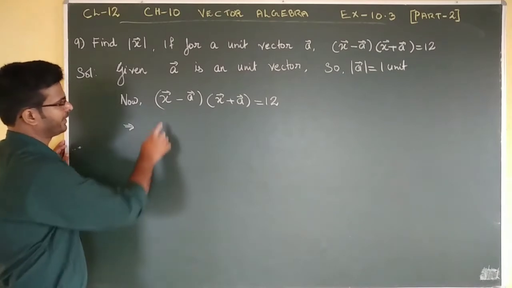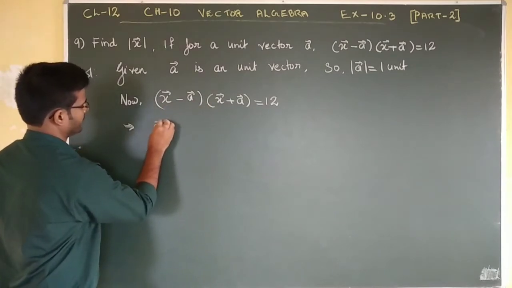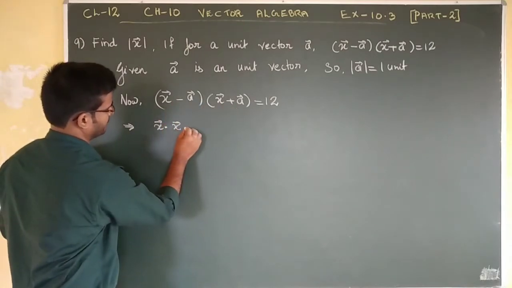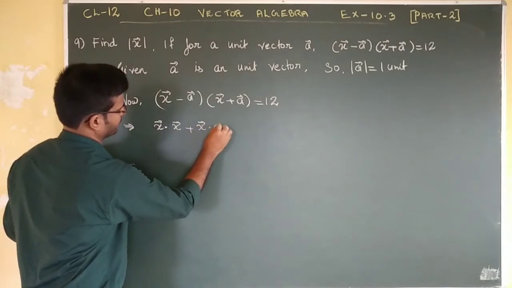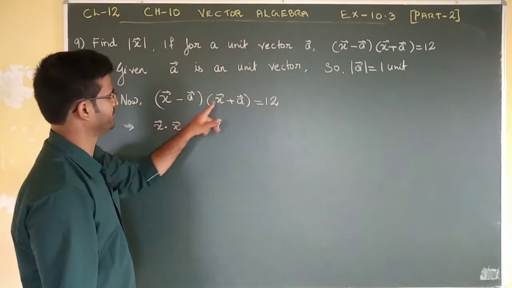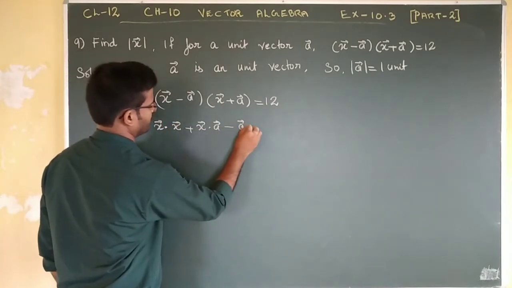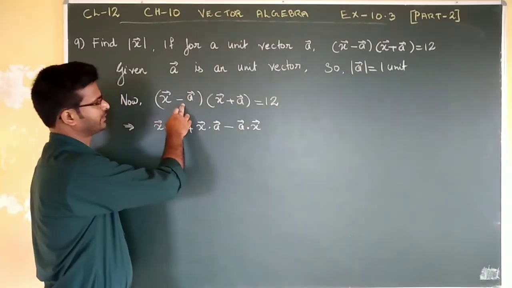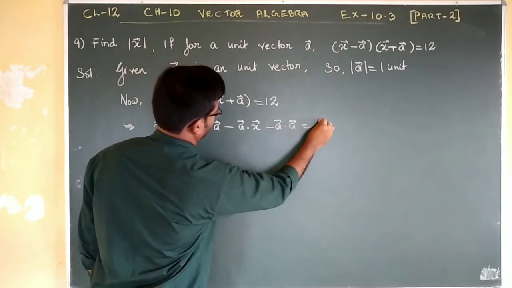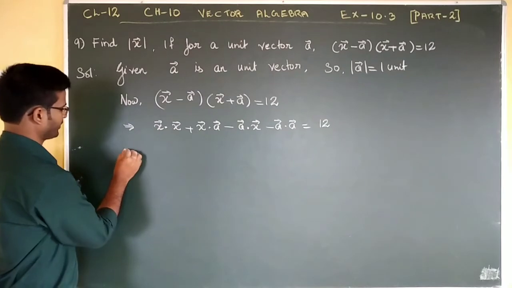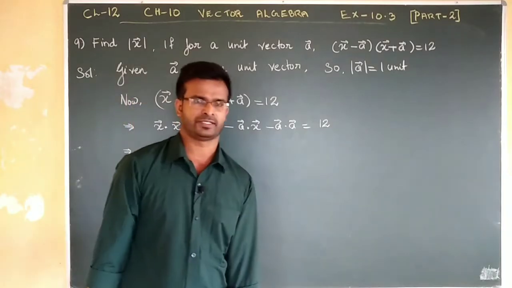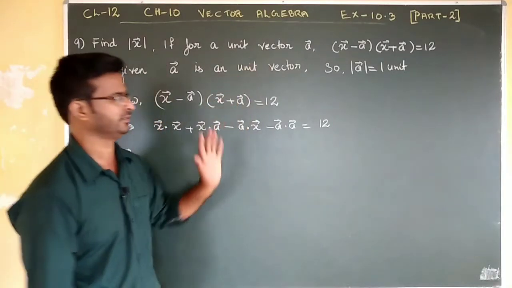Remove the brackets one by one: x vector dot x vector. Then x vector into A vector. Then using the minus A vector we can remove the bracket: minus A vector into x vector, and again minus A vector into A vector, equal to 12. x vector dot x vector: already you have studied some observations in the introduction of this exercise.